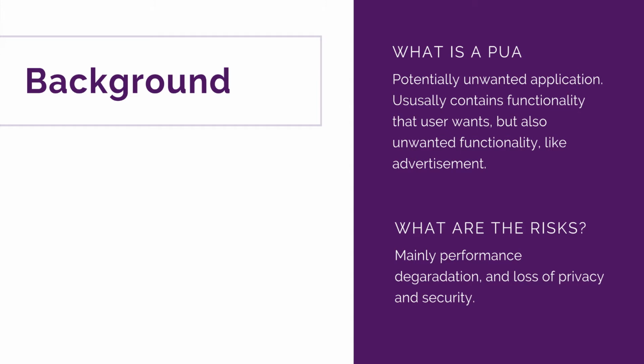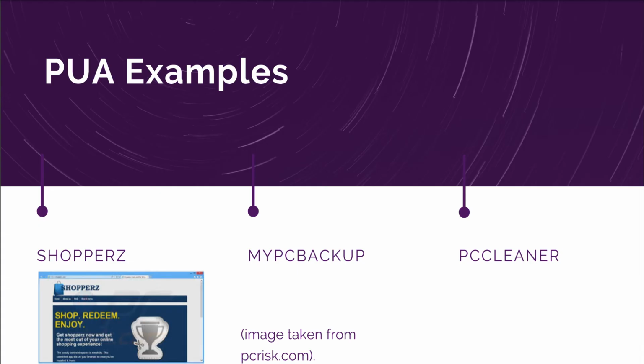Other risks can be the loss of privacy, because some of the PUAs are collecting personal data and sending it to external servers. And security, since some PUAs are not allowing security updates in order to avoid antivirus detection.